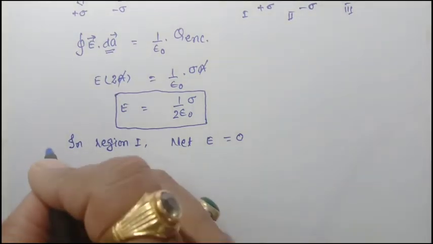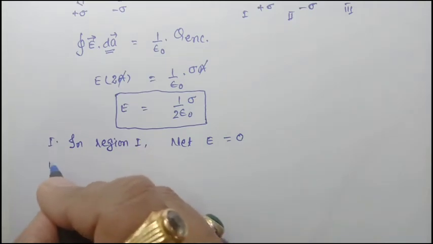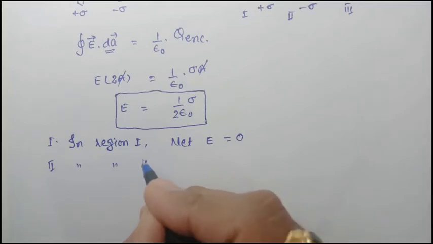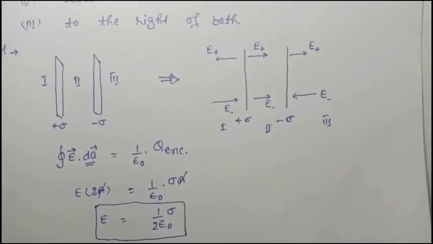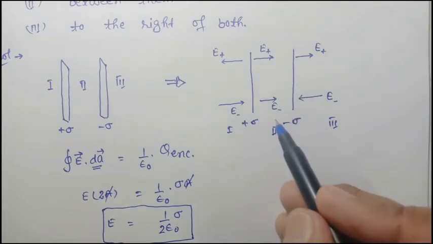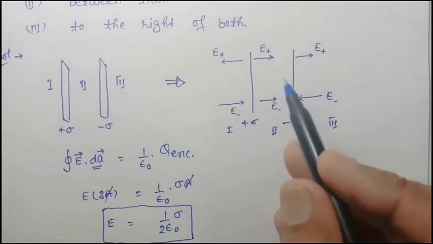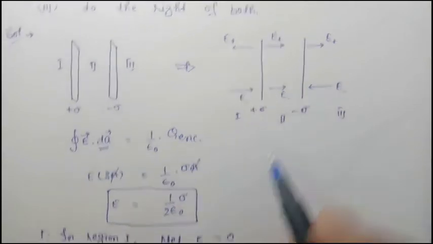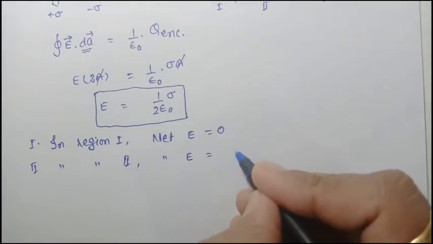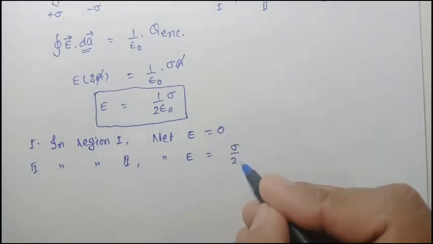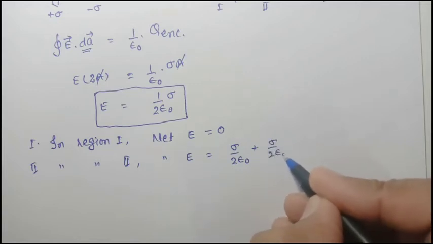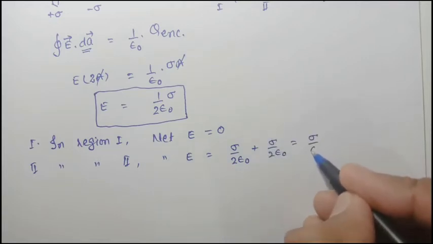Now this is the first case. Now in the second region, one is the electric field due to the positive charge, and the second is the electric field due to the negative charge. Both are in the same direction, and so the total electric field is equal to sigma over 2 epsilon naught plus sigma over 2 epsilon naught, and this is equal to sigma over epsilon naught.